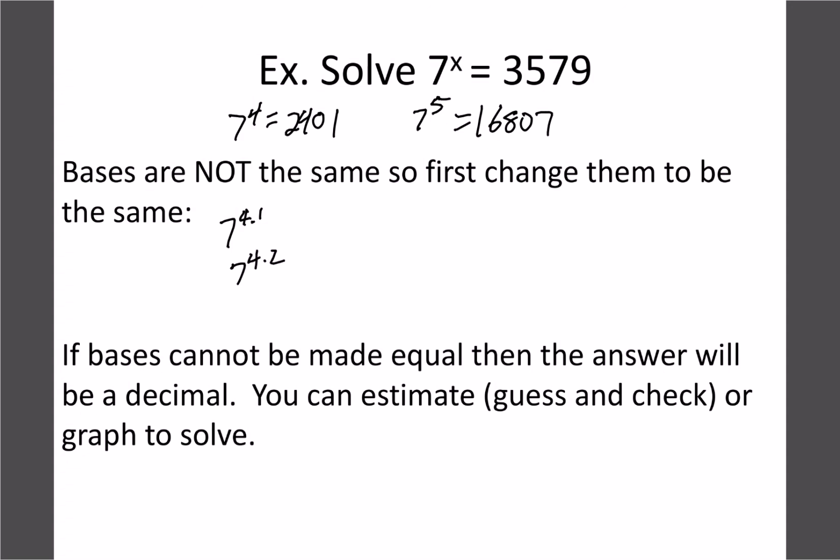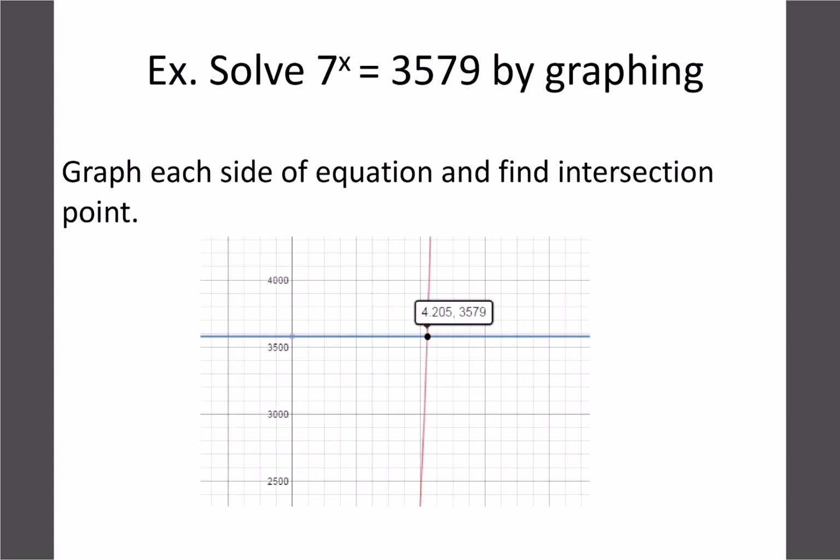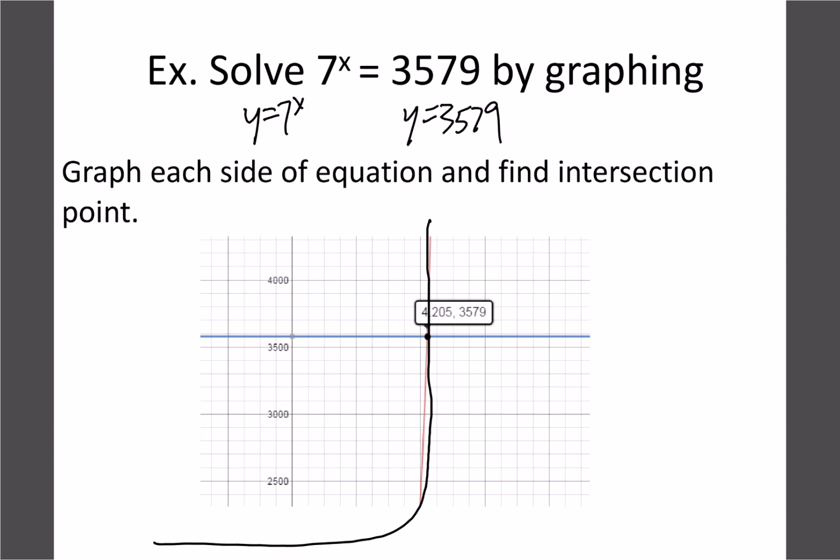The other option is to graph. And so any of these kind of questions, if we can't solve them by making the bases the same, what we're going to look at doing is graphing. So let's graph y equals 7 to the x. So that would be our exponential equation, so it looks something like that. Then we want to graph y equals 3579, which is just our horizontal line.